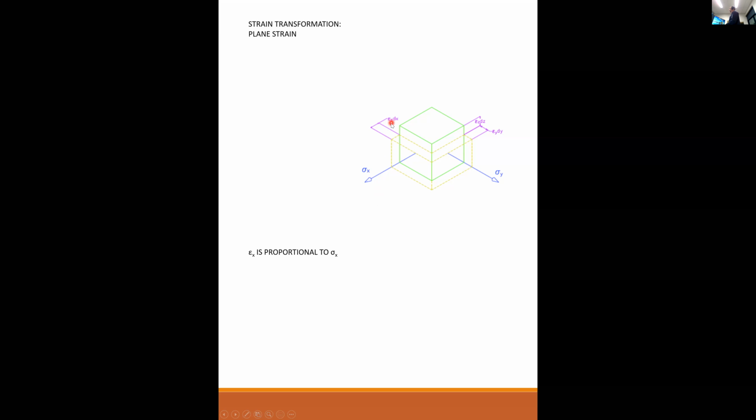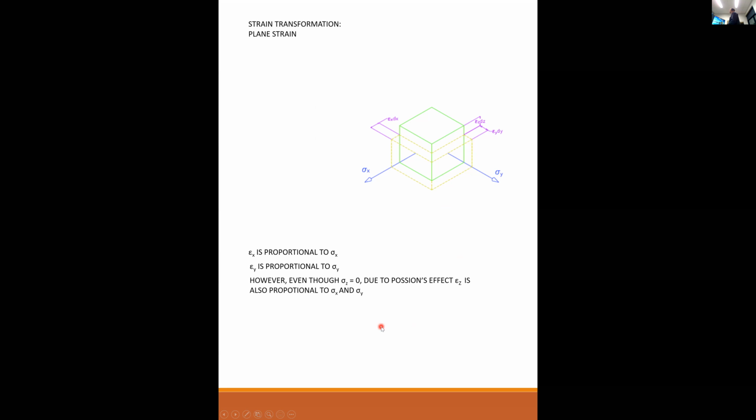Epsilon x dx is the deformation parallel to the x-axis, and it is proportional to sigma x. Epsilon y, likewise, is proportional to sigma y. The more you pull on it, the more it's going to strain in the y direction.